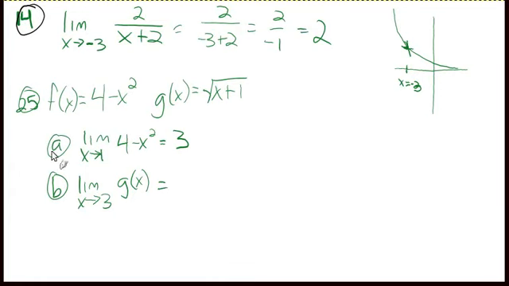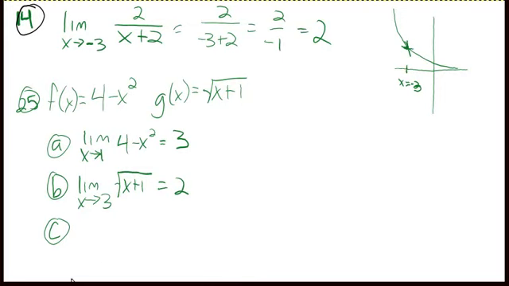Oh, you know what? I did what I didn't want to do. Erase that and actually write in the function, the square root of x plus 1. Put in a 3. 3 plus 1 is 4. Square root of 4, 2. Alright, I'm waiting for the trick here.